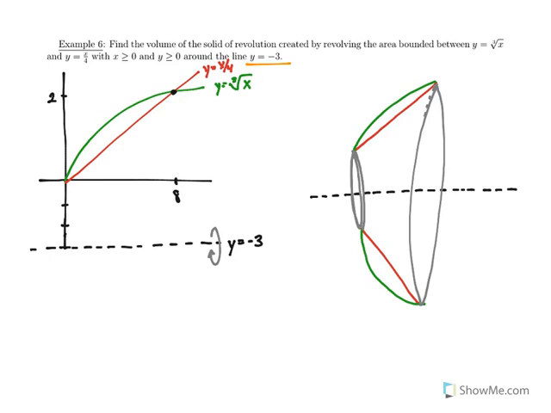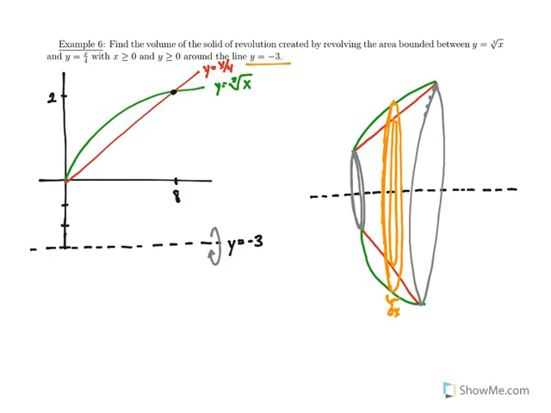If we're looking at a slice of this, we're still going to have a washer with a big radius and small radius, a thickness of dx.